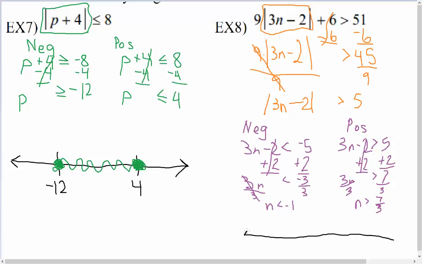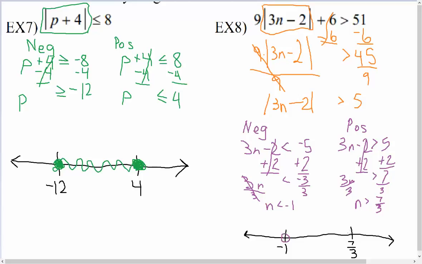So in order to graph this, remember the left-hand number is the one that's smaller, since negative 1 is negative and 7/3 is positive. I know negative 1 is going to be below 7/3. And again, we do our circles around the numbers.